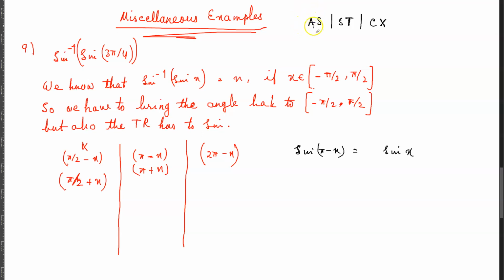What we agreed upon was that in this case, this refers to pi by 2 minus x, meaning that in the case of all the 6 formulas, the algebraic sign does not change.